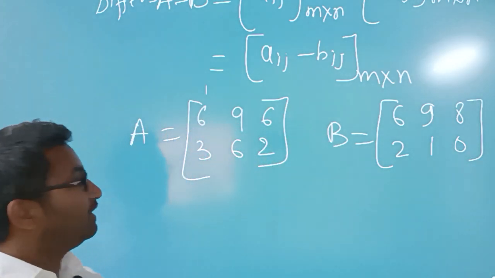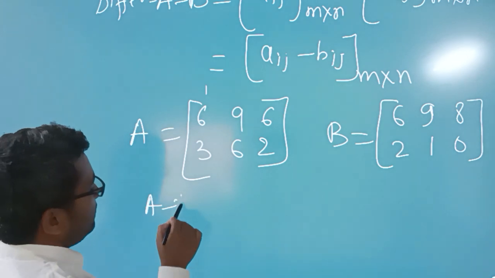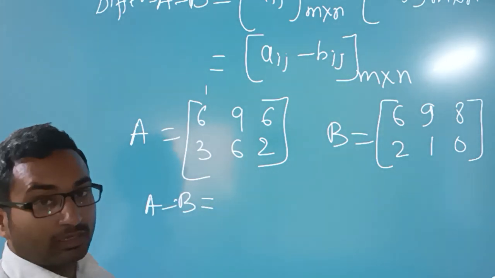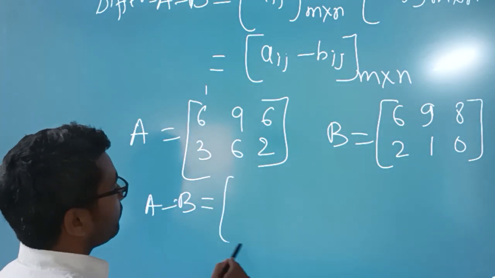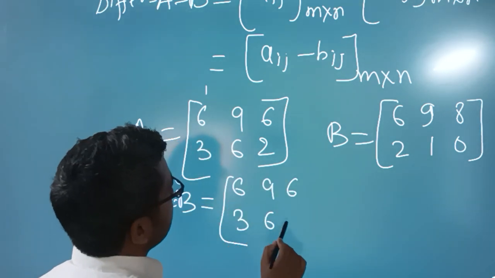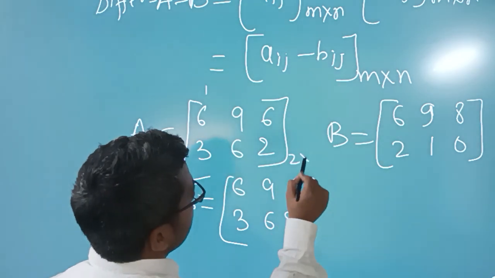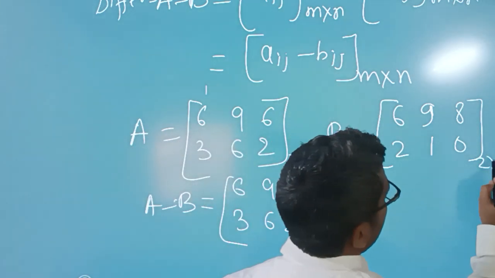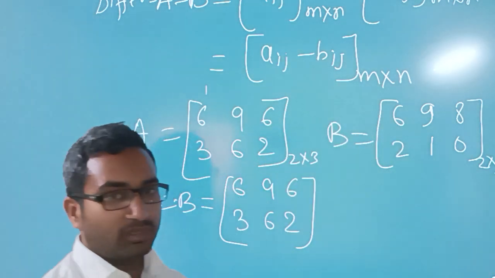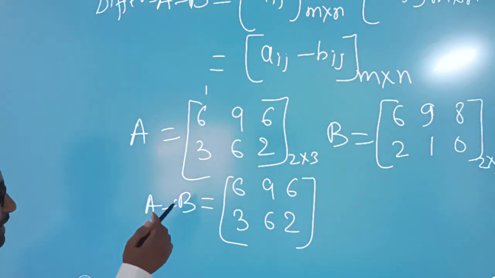We have to find the value of A minus B, the difference between A and B. The order is the same, 2 cross 3, and this is 2 cross 3. Both are the same order matrices, so we can calculate the difference A minus B.